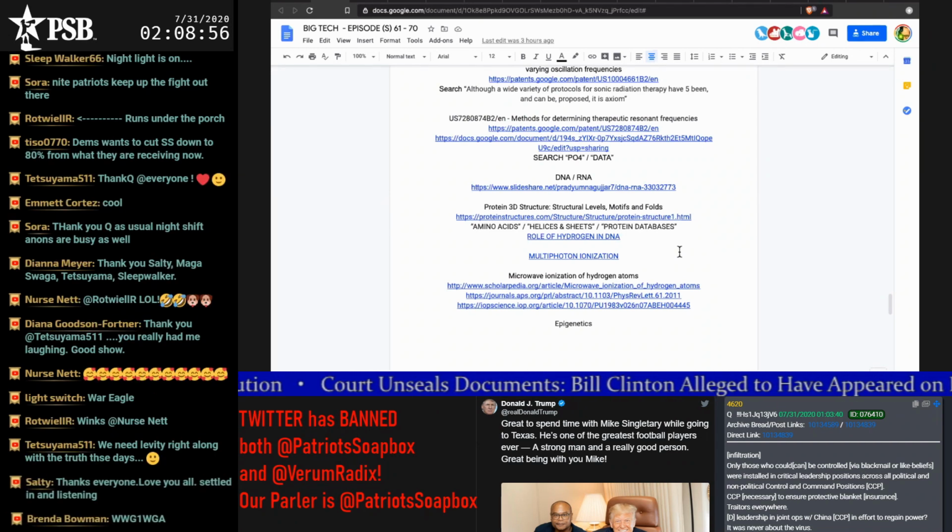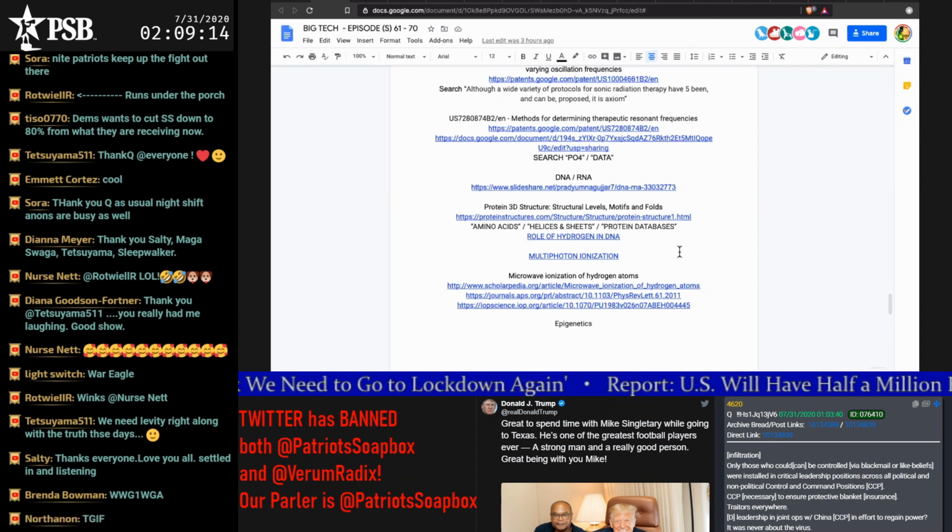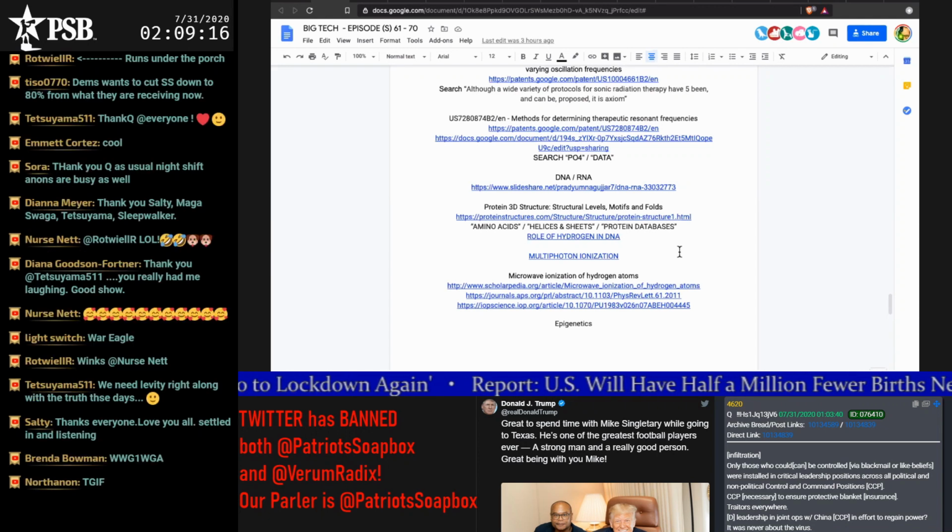And the ionizing radiation is restricted for medical applications. And multi-photon ionization basically means that they can use non-ionizing radiation and, through the pulsation of it, transmit enough energy using non-ionizing radiation to actually ionize components in biology.